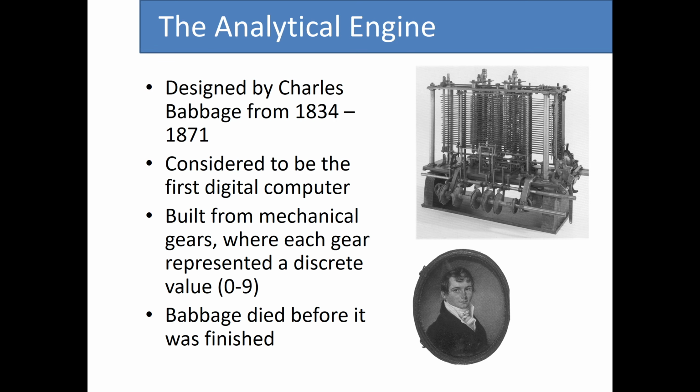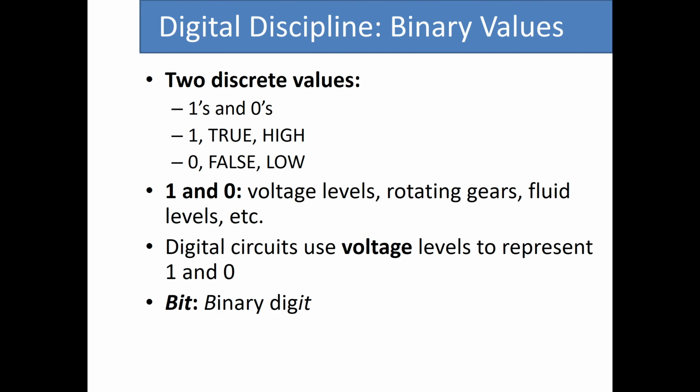As you can see, this computer was a decimal or base 10 computer, not a binary one like the computers we use today, which have zeros and ones. It was based on 10, the way that we count. Unfortunately, Babbage died before it was finished.